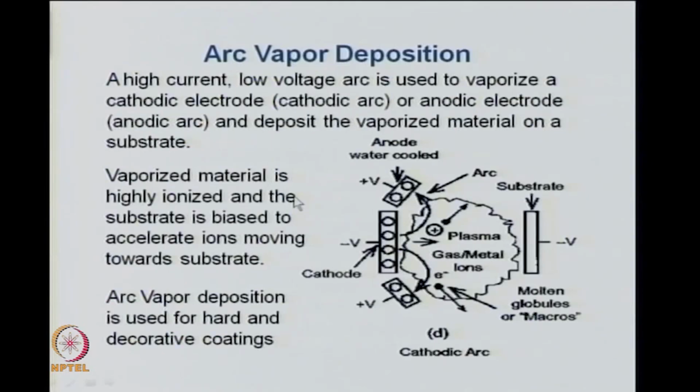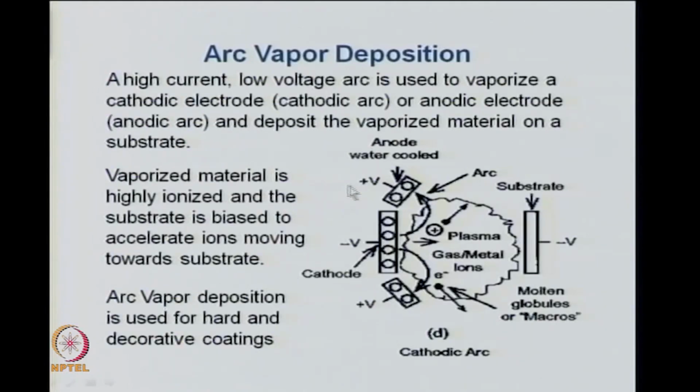Once you have a cathodic arc, from the electrode forming the cathode you can generate a plasma, and you can get deposition on the substrate of atoms belonging to the cathodic material. If you have a cathodic arc, you can make a film of the cathode material, and if you have an anodic arc, you can make a film from the anode material.